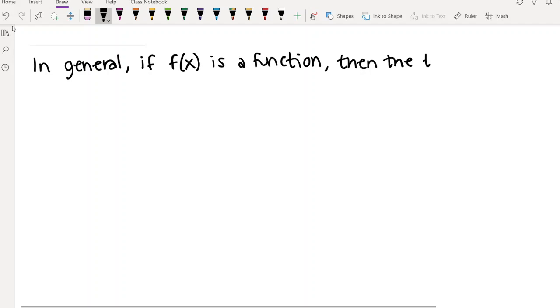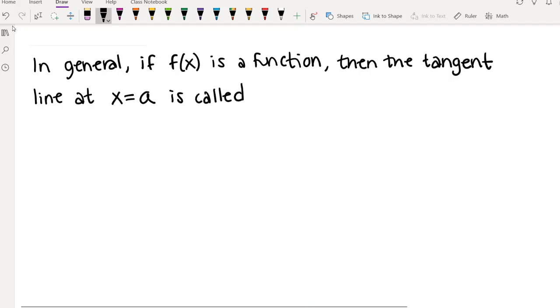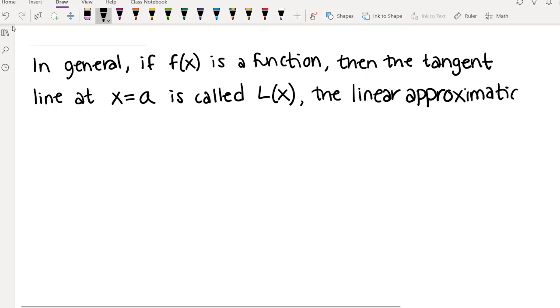The tangent line at a certain value x is equal to a is called L of x, the linear approximation of f of x at x is equal to a.